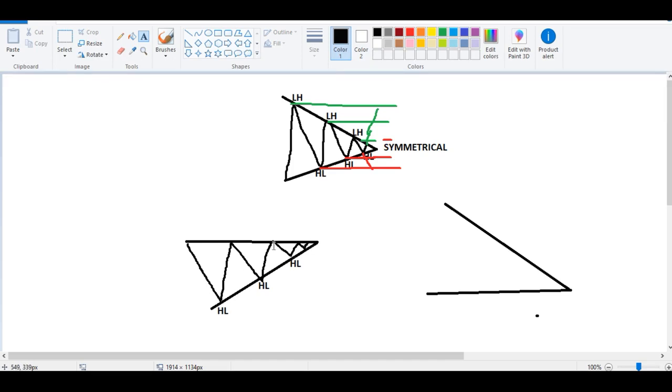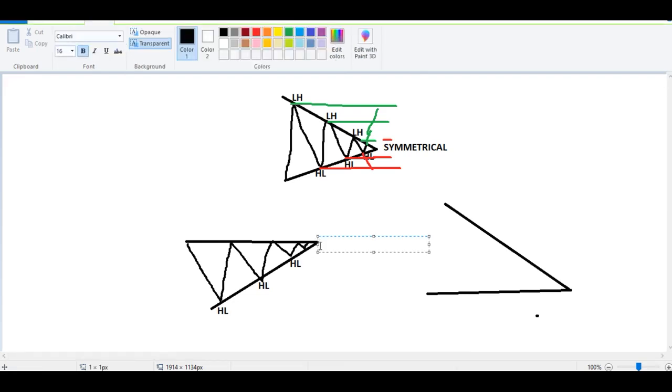We mainly want to see higher lows happening. So this is called my ascending triangle pattern.